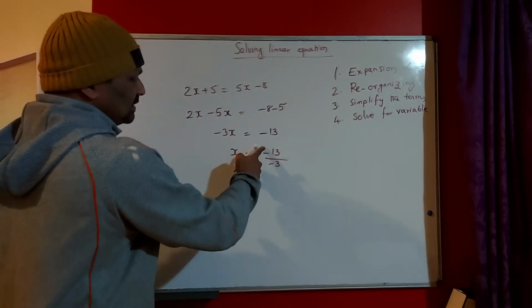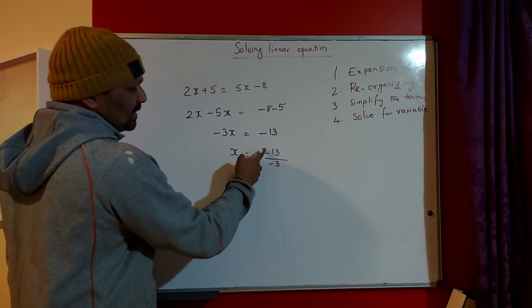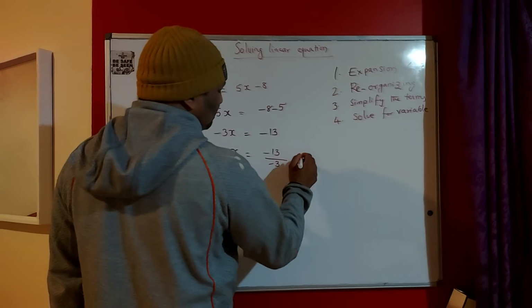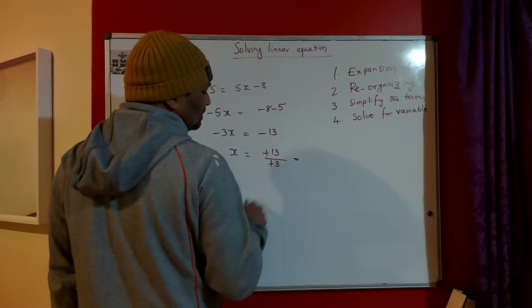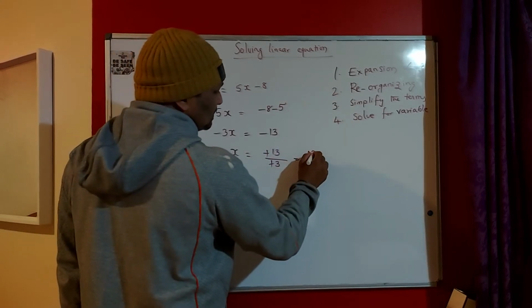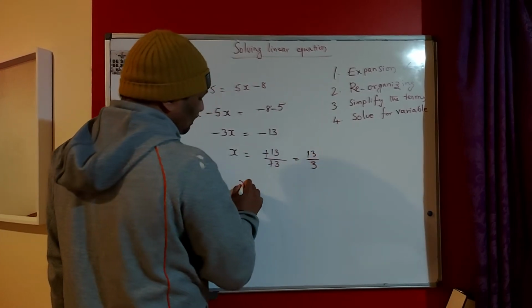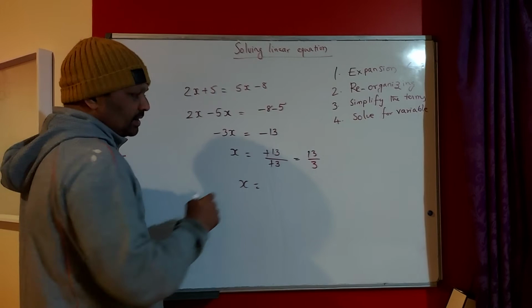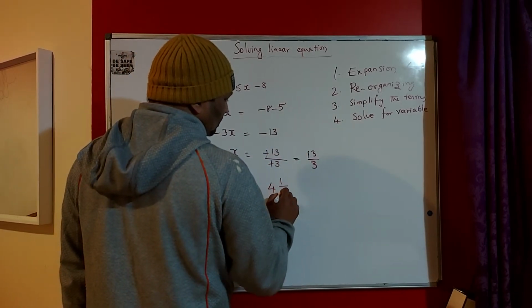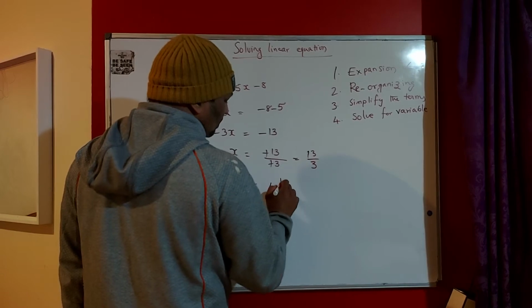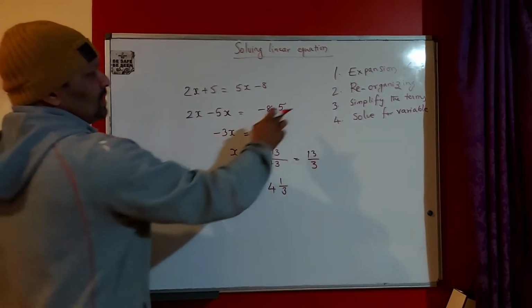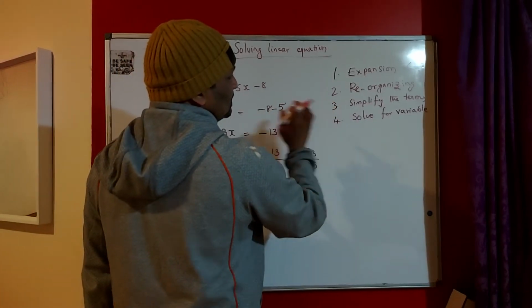So minus 13 by minus 3 is plus 13 by 3, and in mixed fraction, you get 4 1 by 3. That is the answer. This is a sum where we have to apply these steps.